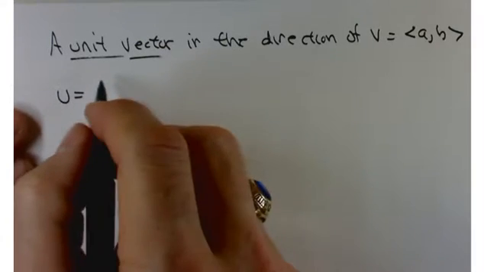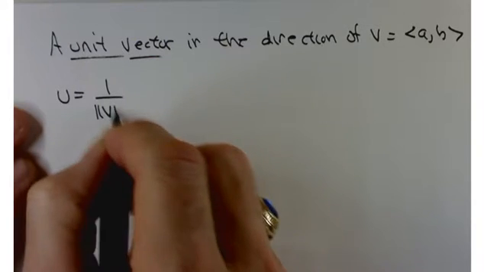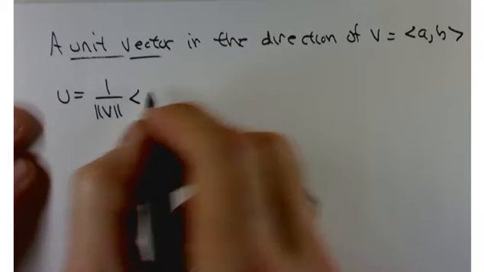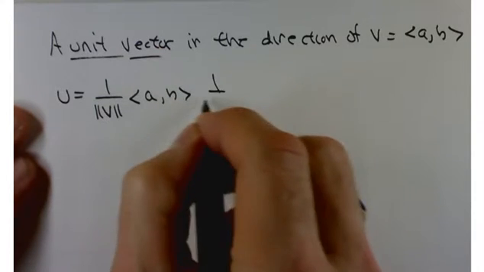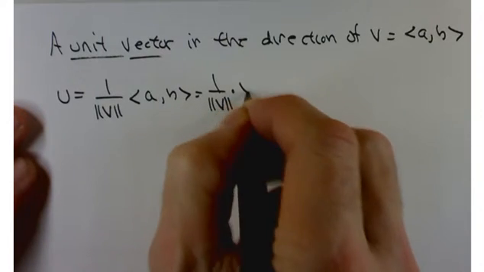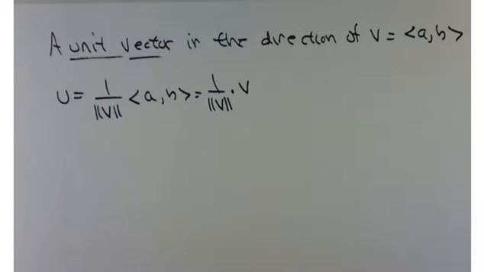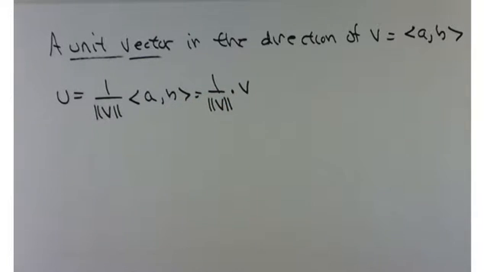You can calculate a unit vector this way: 1 over the length of V times A and B, or 1 over the length of V times V. Basically, you're just going to divide out the length in that vector, and you're going to scale it down to make it equal to 1. Problem number 50 is a good example of something like that.